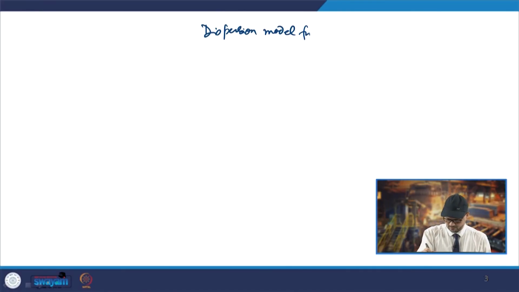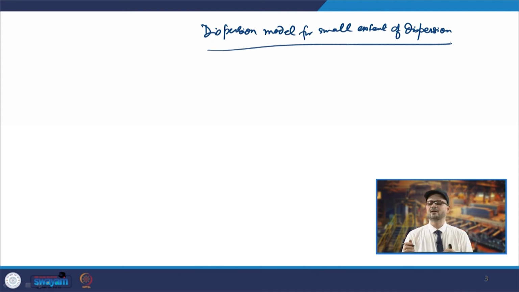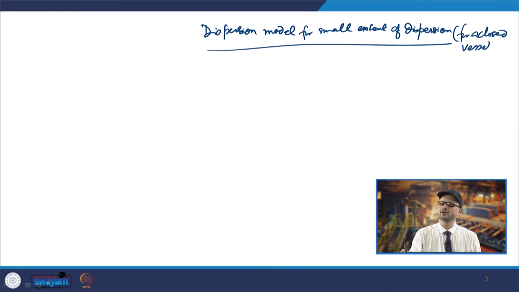So, dispersion model for small extent of dispersion, where there is a small dispersion. In that case, for a closed vessel, the closed vessel is normally for the case of Tundi's flow.